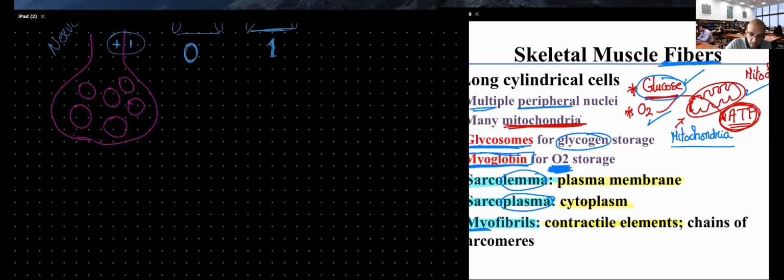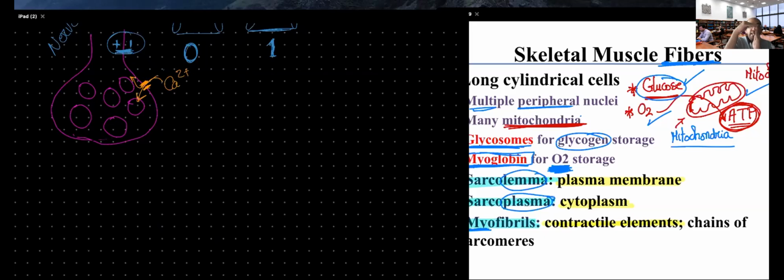So I've got a signal towards the terminal end of my nerve cell. Is this going to cause the opening of a membrane channel that allows calcium to travel into the cell?